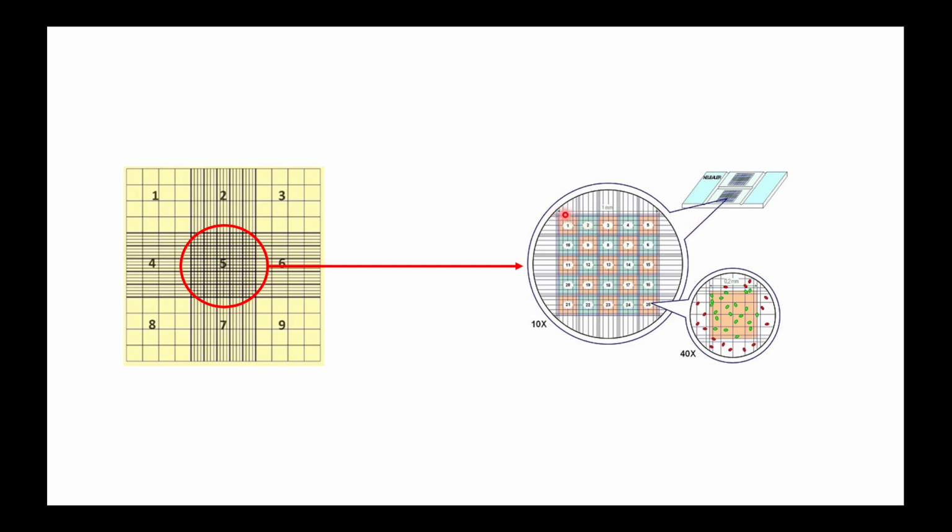So one square, if I take this number 1, would be 0.2 by 0.2 mm in dimension, and the height is 0.02 mm.